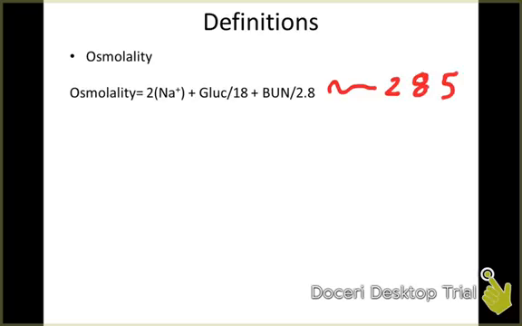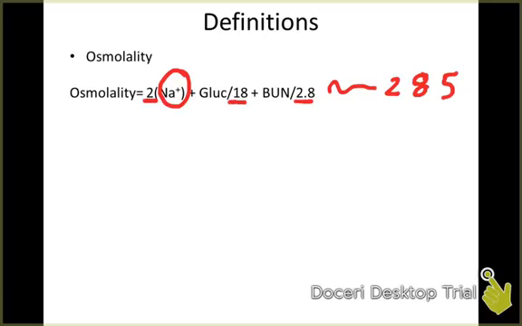The major component of this equation is sodium because it's 2 times the sodium rather than having a number in the denominator that makes it a little bit less significant a contributor to this equation. So this is why the sodium and water go hand in hand when we're evaluating patients' serum osmolality and determining how much water is in the blood.